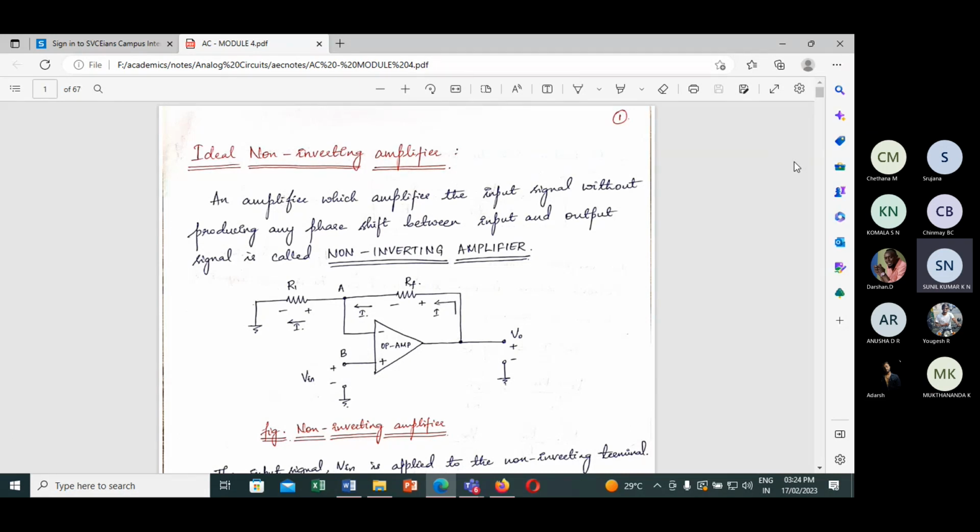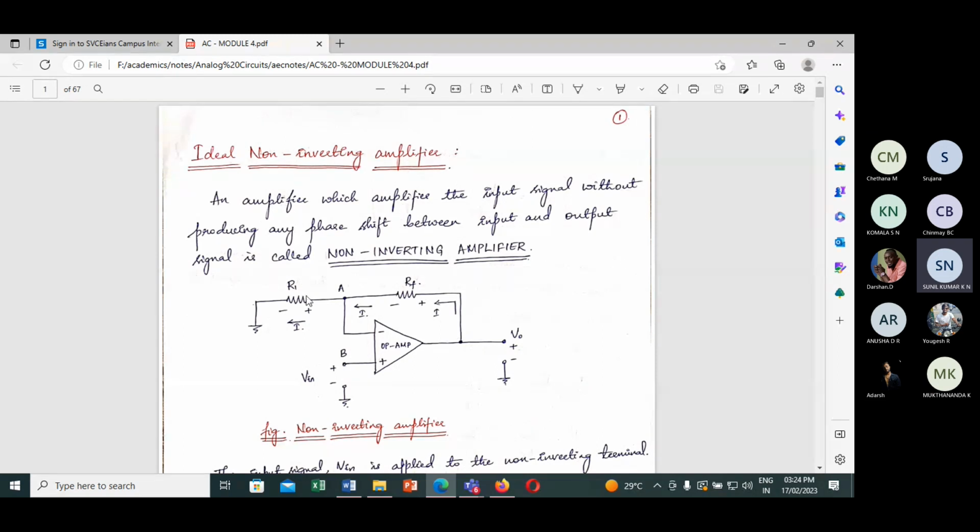So what is the non-inverting configuration? You can see the circuit symbol here is the op-amp, in which we are giving the input signal to the non-inverting terminal, and the output voltage of the op-amp at terminal 6 is applied to both of the resistors. So RF and R1 together are nothing but a feedback network.